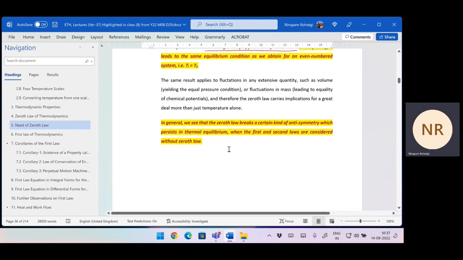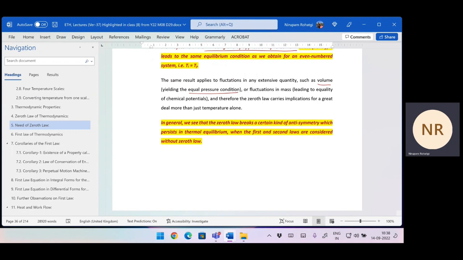And the zeroth law is not only valid for thermodynamics, there are other things like volume and pressure conditions. I don't know about it, I have not gone into it, but the article from which I have taken this says that it's not only for temperature, because this symmetry break is happening in other cases also.